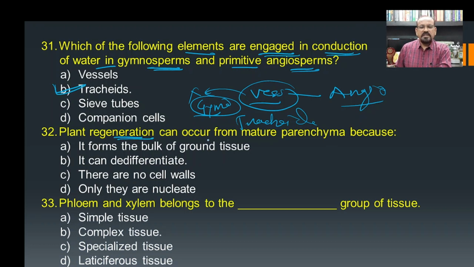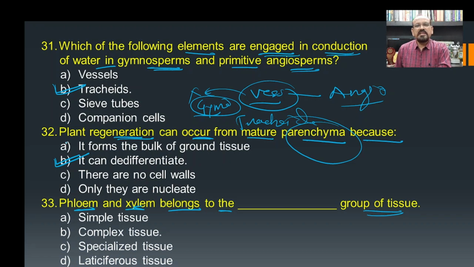Plant regeneration can occur from mature parenchyma because these parenchymatous cells have the ability to de-differentiate, and hence they can regenerate. Then, the phloem and the xylem belong to the group of complex tissue. Earlier we have seen simple tissue and complex tissue.